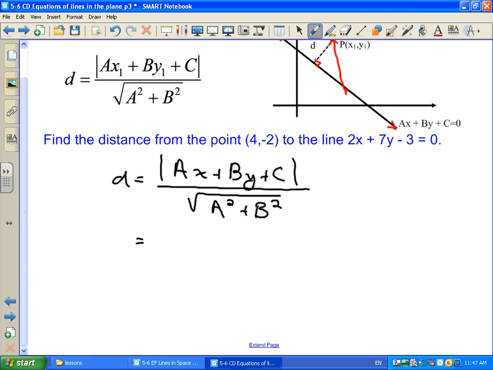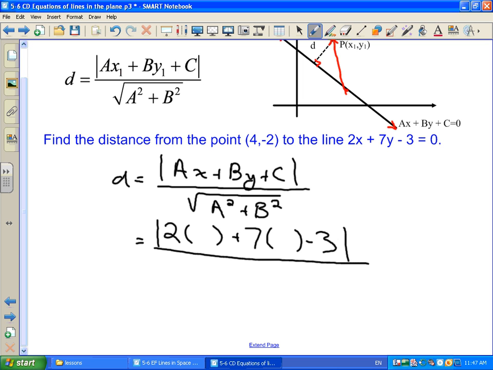So let's start filling this in. We've got 2x plus 7y, and c is minus 3. We want the absolute value of that, all divided by the square root of 2 squared plus 7 squared. And for x and y, I'm going to substitute in 4 and -2.